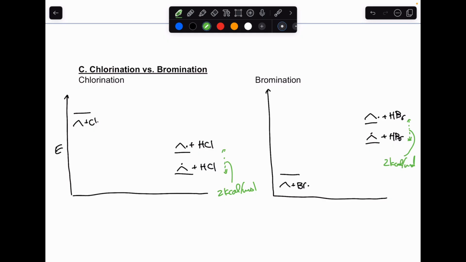Okay, now, so the end result is really the same, right? Between these two, it's only 2 kilocal difference. So like, why is it that you see so much more differentiation between primary and secondary for bromination than for chlorination?